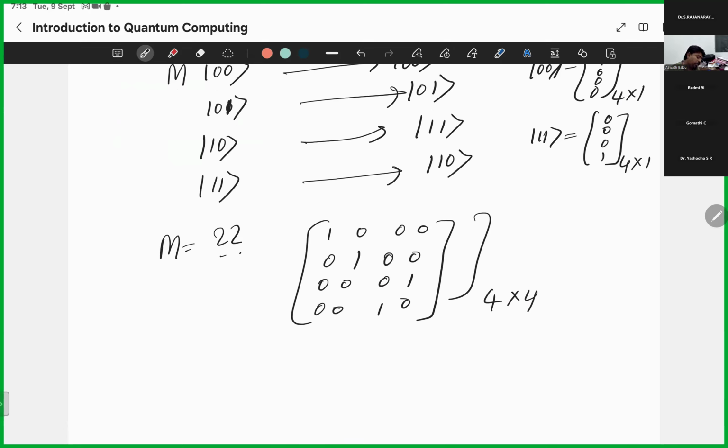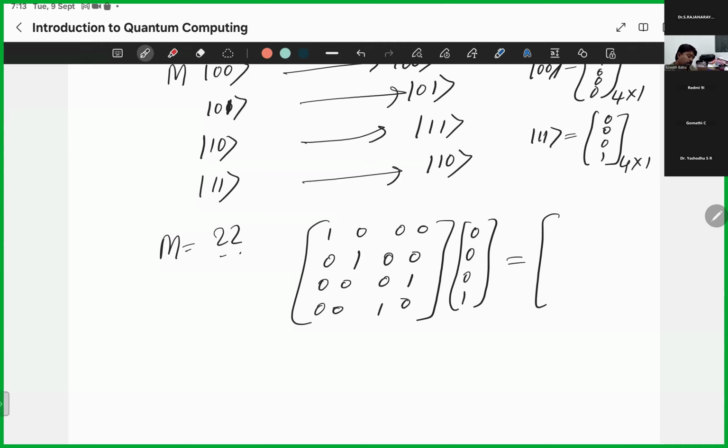If you do this, it is going to act on, let's say, (0, 0, 0, 1). If you just cross-check, it is going to give me (0, 0, 1, 0).